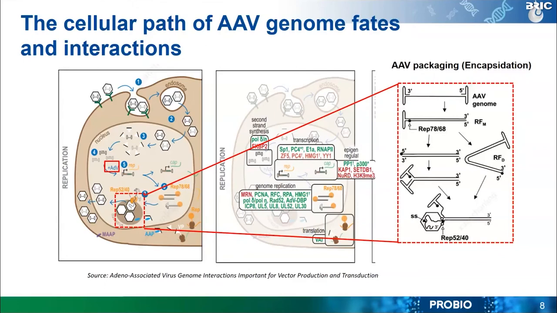Following endosome escape, AAV undergoes transport into the nucleus and uncoating. Replication and the packaging of AAV is dependent on host cell factors and elements provided by the helper virus, such as HSV and ADV. The middle figure illustrates the host and the helper virus proteins that interact with AAV genome.